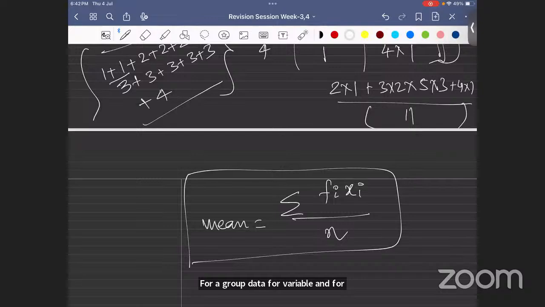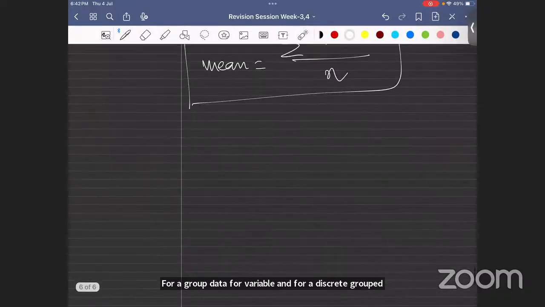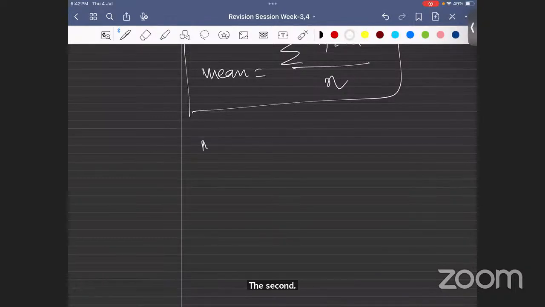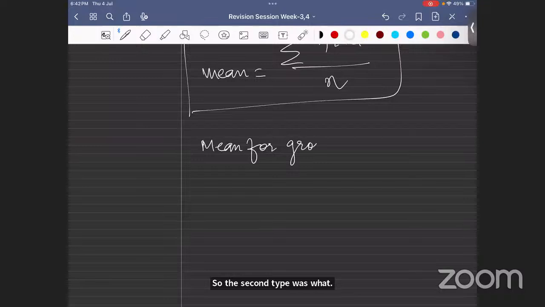Okay, now we'll deal with the second type. So the second type was what? Mean for grouped data that is continuous.